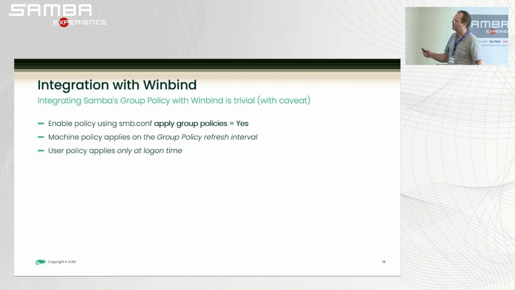Typically user policy would apply on that interval as well, but the reason why we're only applying it at logon time is because there's no way to tell if the user's logged in from a TEvent that I've started. Anyway, because it needs to terminate when the user logs off.